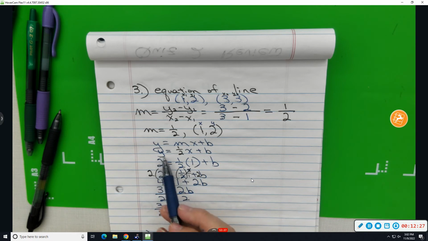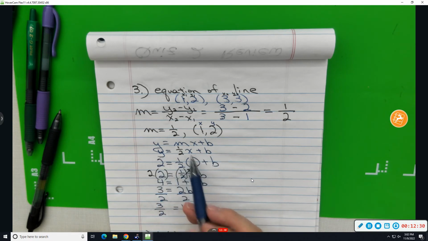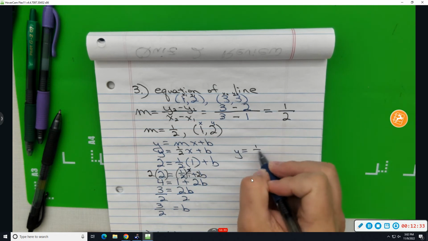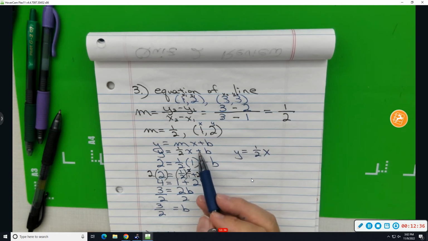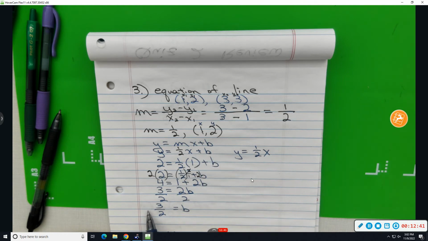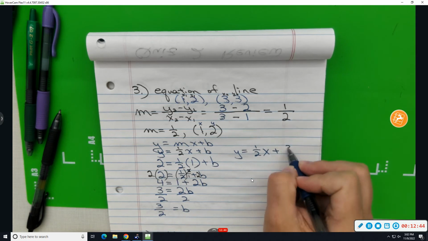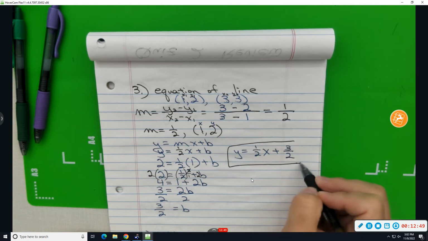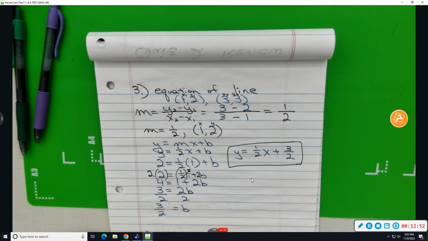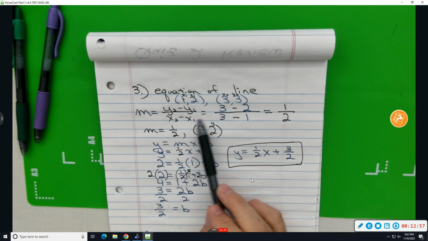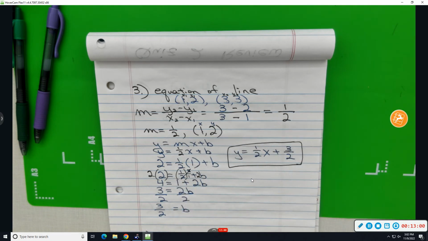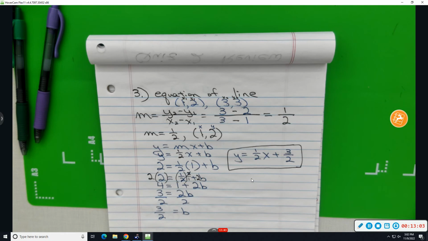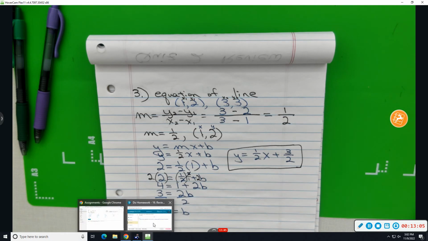So coming back right here, instead of y equals 1/2 x plus b, our equation is going to be, we're going to replace that plus b with a positive 3/2 for my final answer. It's the same as number 4. The only difference is we had to first use the slope formula to find the slope of the line. So switching over to my lab, let's punch in our answer.